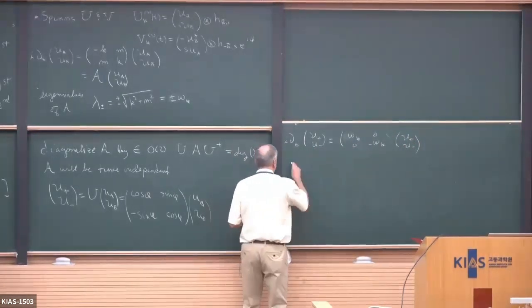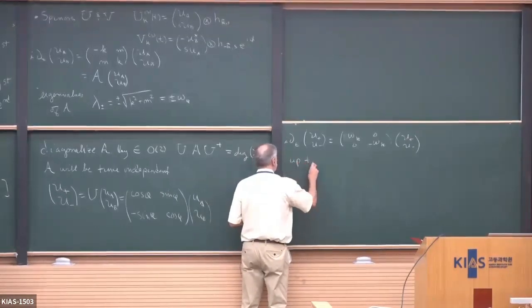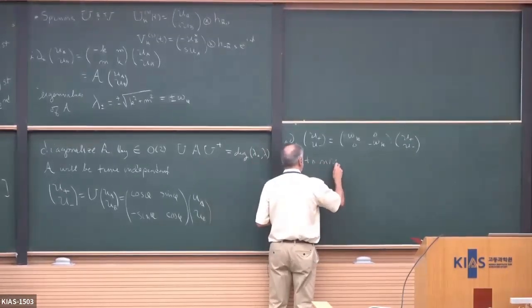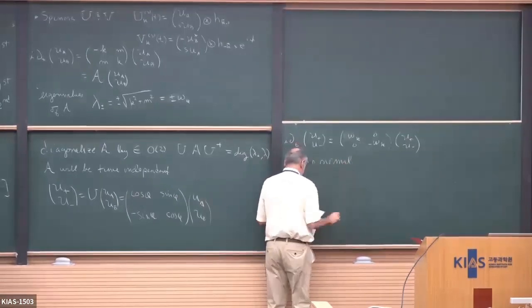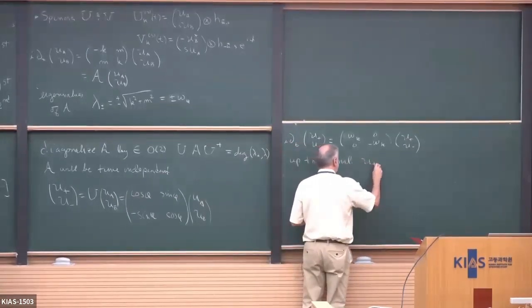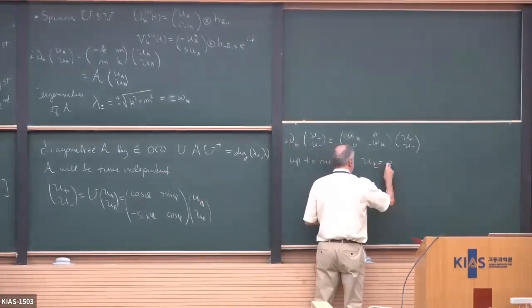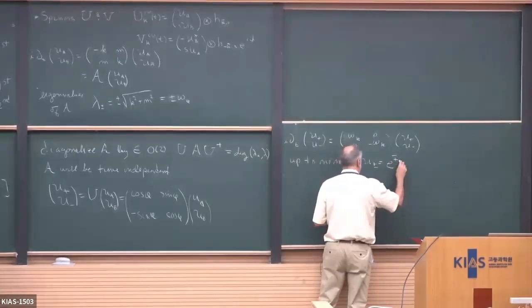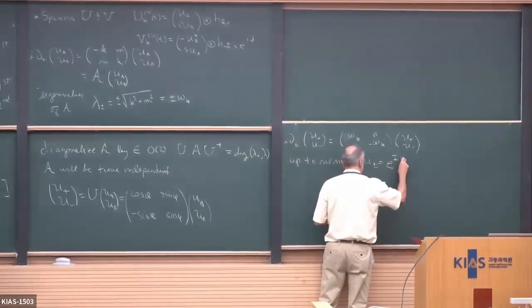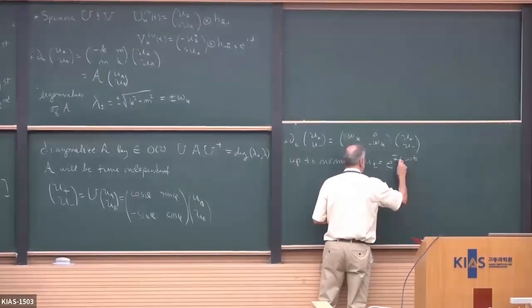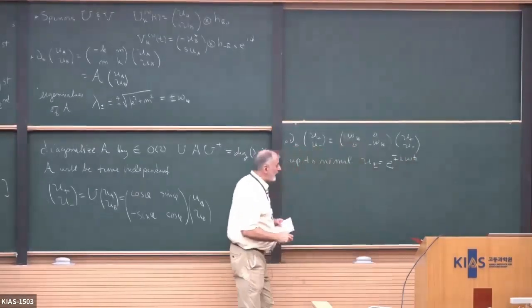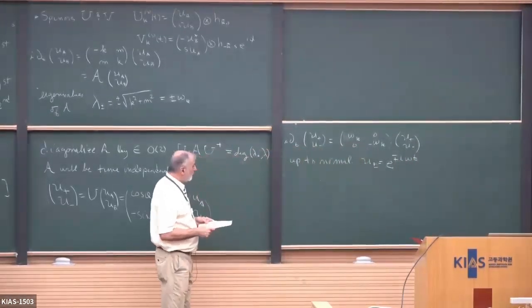So up to a normalization, we can define U plus or minus as the positive and negative frequency modes.